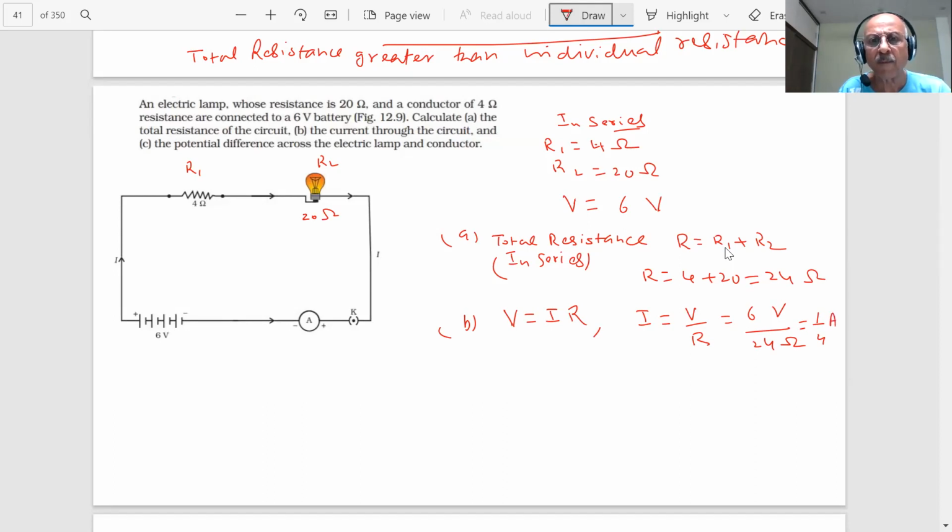Right? Yes, sir. Okay. What does he say further? The potential difference across the electric lamp. Now he is saying calculate the value of V here, across this lamp.